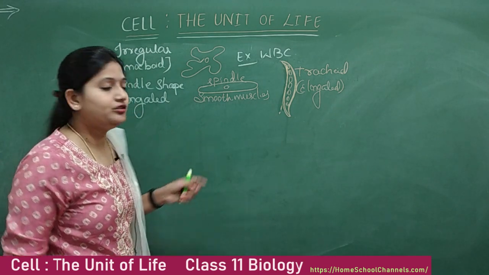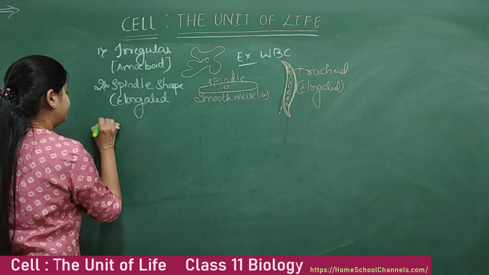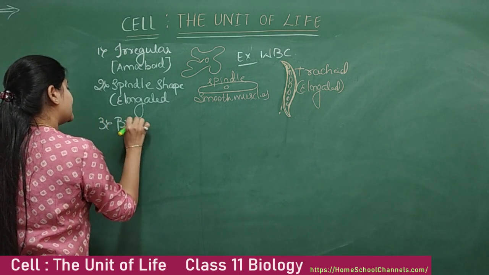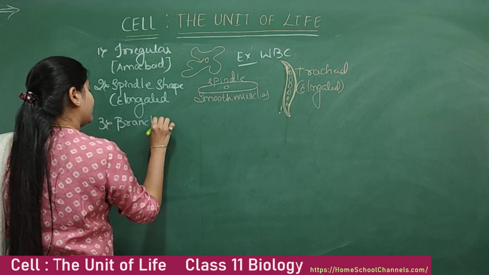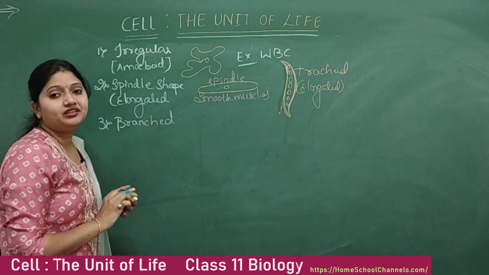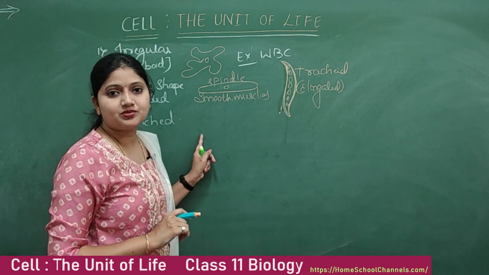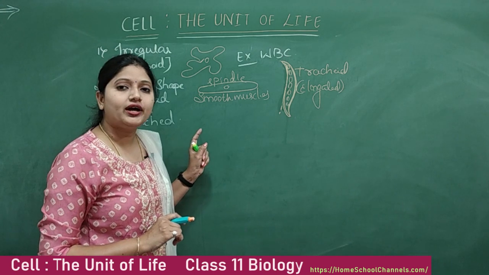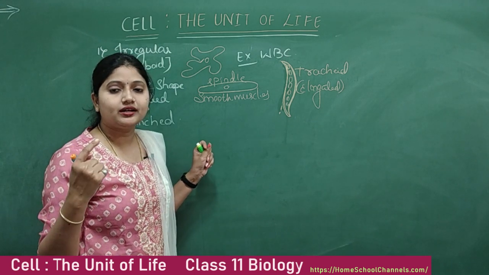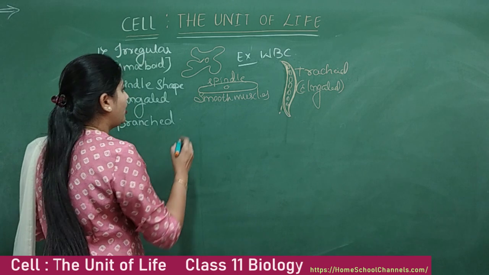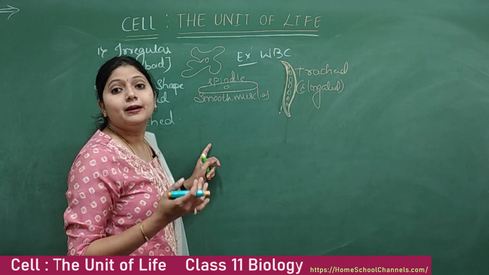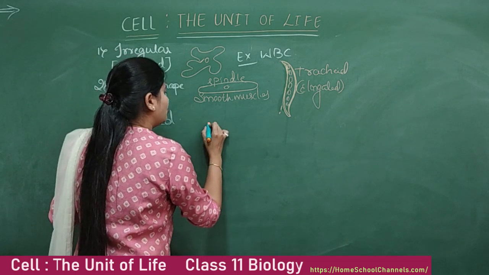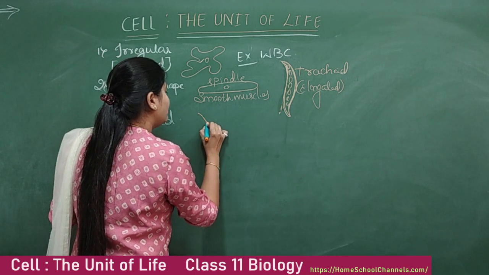Then the branched shape, third one, it is branched. So where do you find the branched shape cells? They are found in the brain, that is the nerve cells. Or neurons usually are branched structures. So how does the structure of a neuron look like?